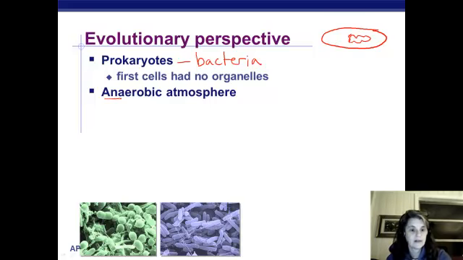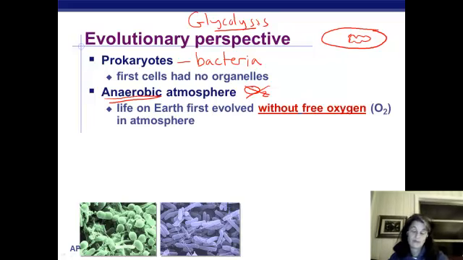Also, when the first bacteria arose, there was no oxygen. Anaerobic atmosphere means there was no oxygen in the atmosphere. So no organelles, no oxygen. It makes total sense that glycolysis requires no oxygen and no organelles. And it makes sense that this is the first process for energy production that arose.